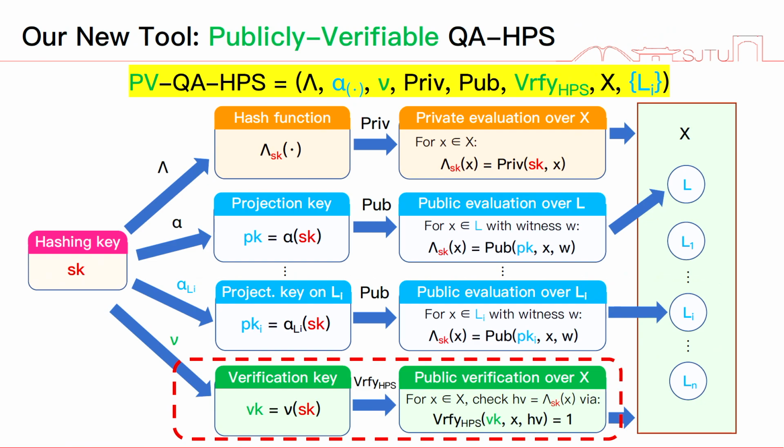And in this work, we further extend QA-HPS to publicly verifiable QA-HPS, which enables public verification of hash values with an extra verification key. We define a verification key generation algorithm mu to compute VK, and a public verification algorithm Verify_HPS to check the correctness of the hash value with the help of VK.